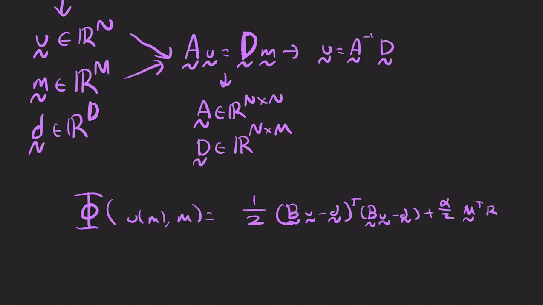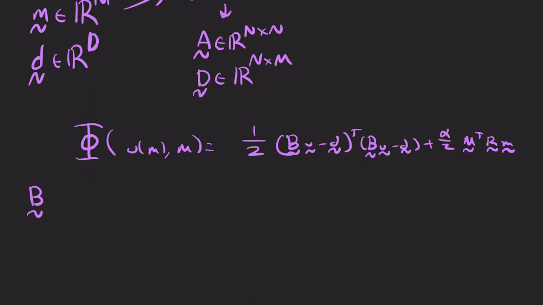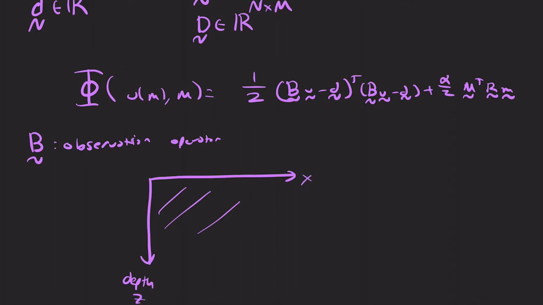M transpose R M, where, since we haven't touched this in a while, B is the observation operator. So an example here is subsurface imaging. This is depth z, x, and y. I'm not even sure if that's a right-handed coordinate system, but you get the idea. And the point is you have receivers here on the surface, right?